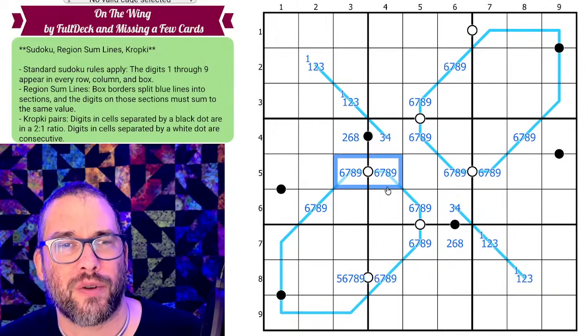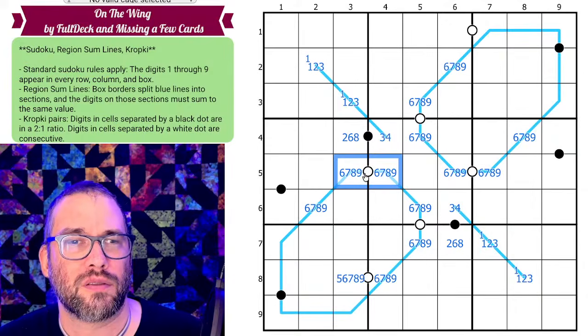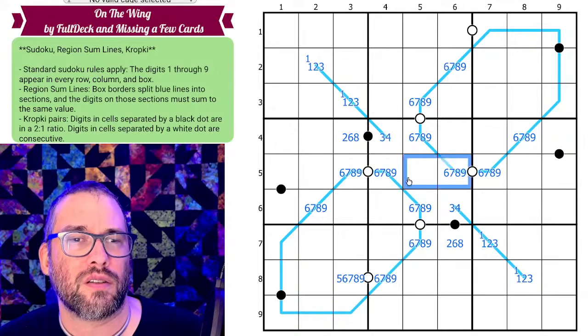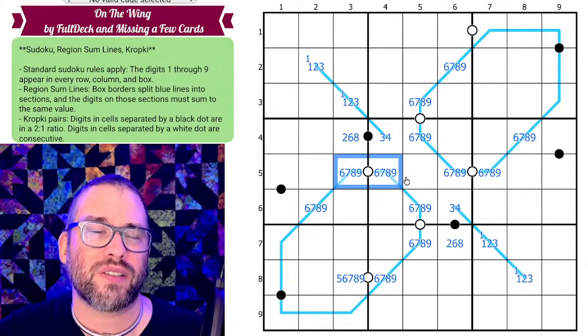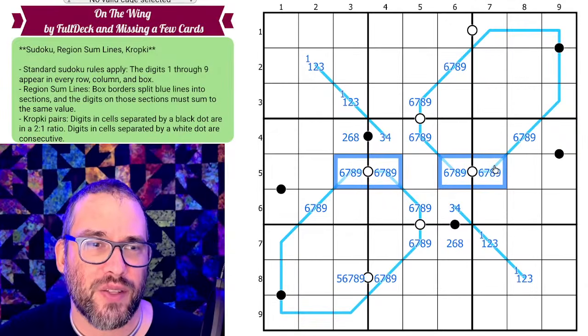White dots in row 5. So one of these is 6, 7, and the other is 8, 9 is the point.